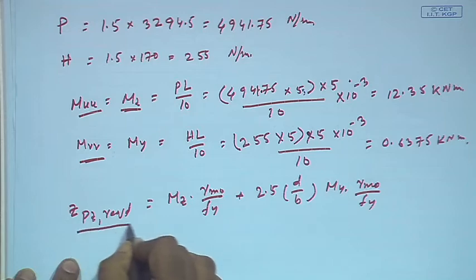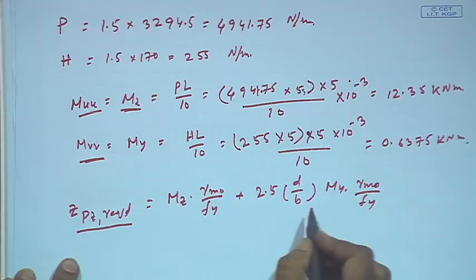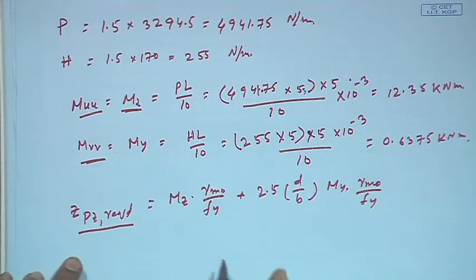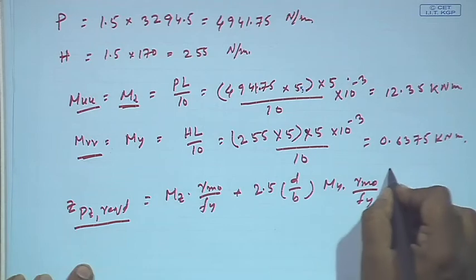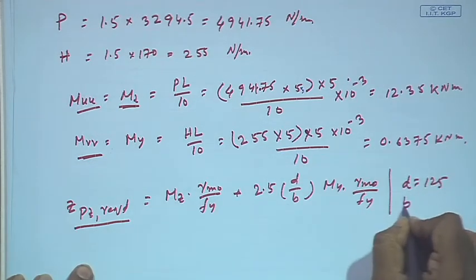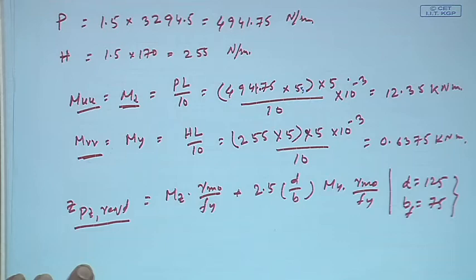To calculate Zp required, all the values of these parameters are known except d by b. So, here we can assume a certain depth, say d is equal to 125, and b as width of flange as 75.